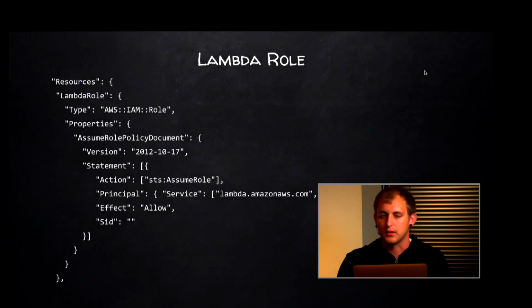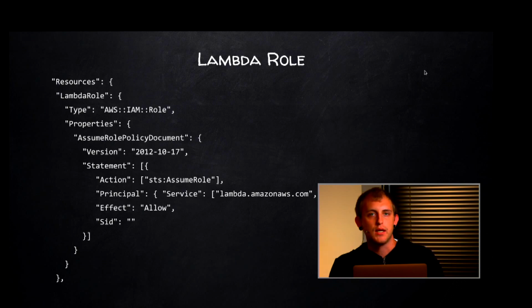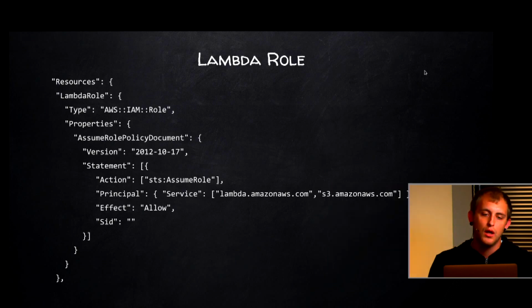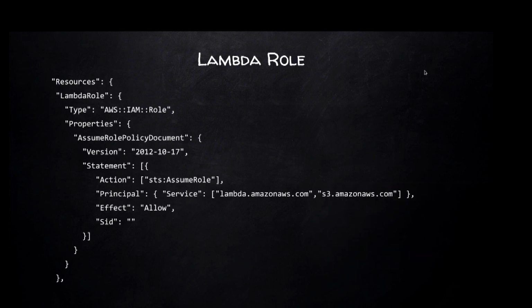So first, we're going to take a look at the Lambda role. Lambdas need an IAM role to be able to run. This isn't the permission part. The interesting thing about Lambdas is that you have to give it the principal lambda.amazonaws.com. Otherwise, Lambda can't assume that role.